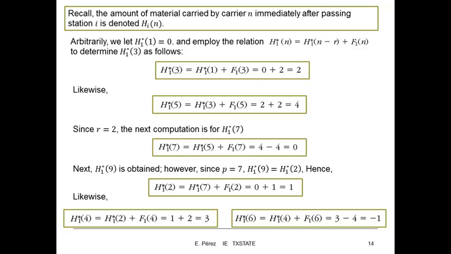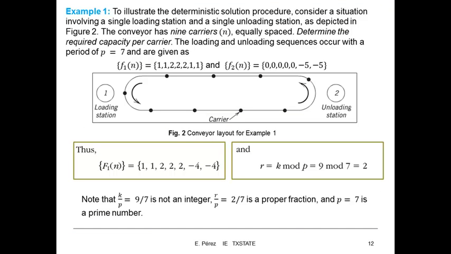So you have 7 units in your period. Once you get to 7, you are able to use those numbers, but once you go to H1 of 9, then you know that you're going to be repeating the period for the loading and unloading.